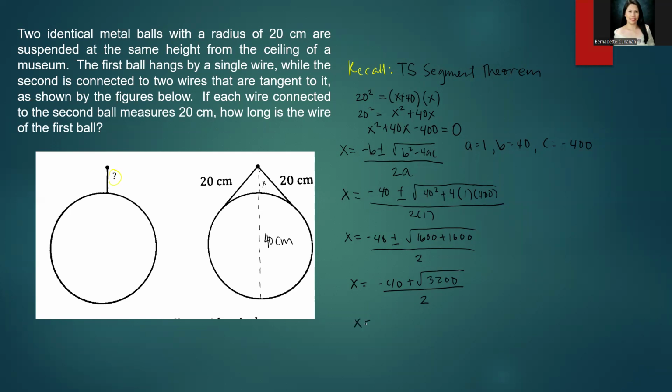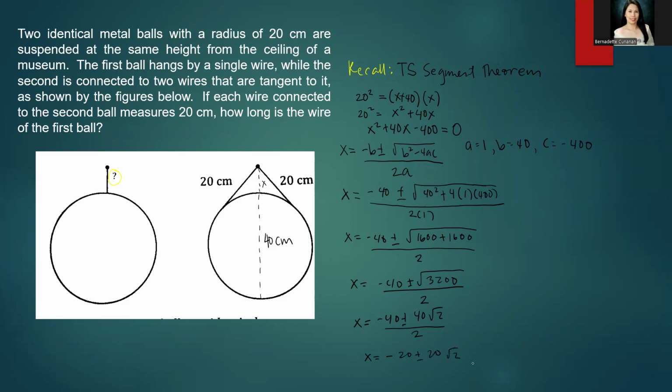So this is when simplified, x equals negative 40 plus minus 40 square root of 2 all over 2. So we see that both terms of the numerator have common factors with the denominator. So we can simplify this to x equals negative 20 plus minus 20 square root of 2.